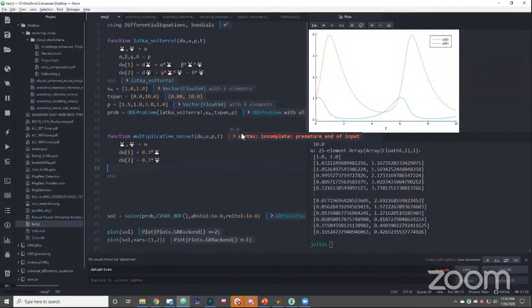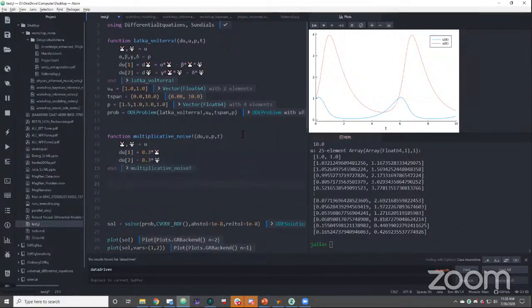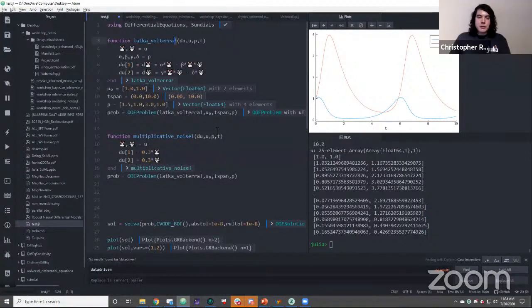Chris, as you're writing these functions down, there's a question on what the bang is for and why you put a bang in Lotka-Volterra and why you're putting a bang now. Yeah, so there's a convention throughout Julia that if you have a function that's modifying an input, then you put this bang here to tell the users or tell other people that you're performing this modification.